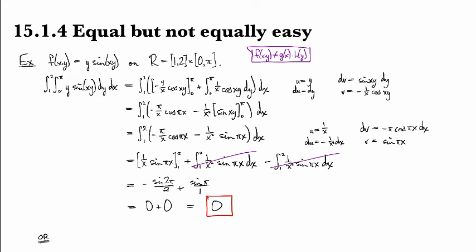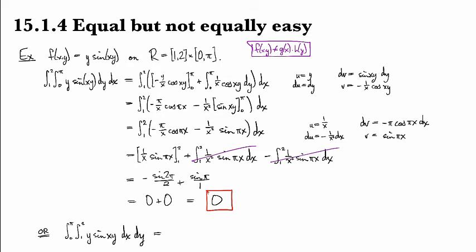But if we had done this in the other order, so that we're doing the dx one first, then I can use that y that's out in front as the du for my change of variables, putting u equal to xy.